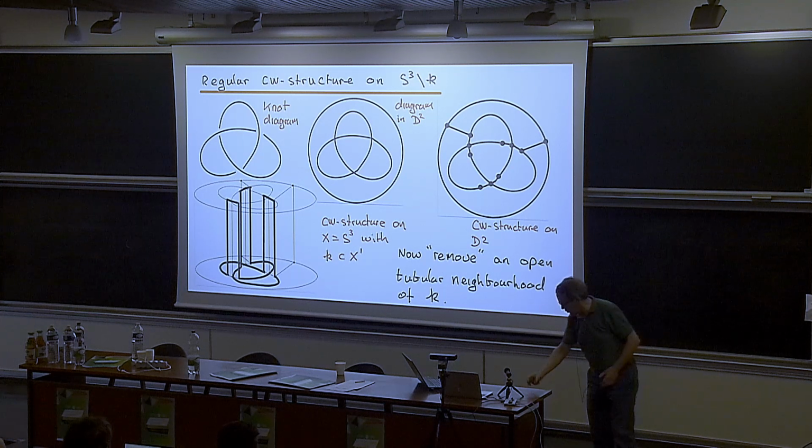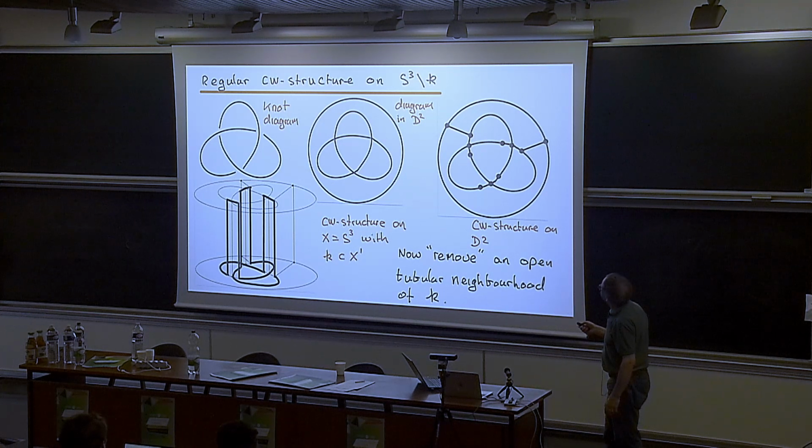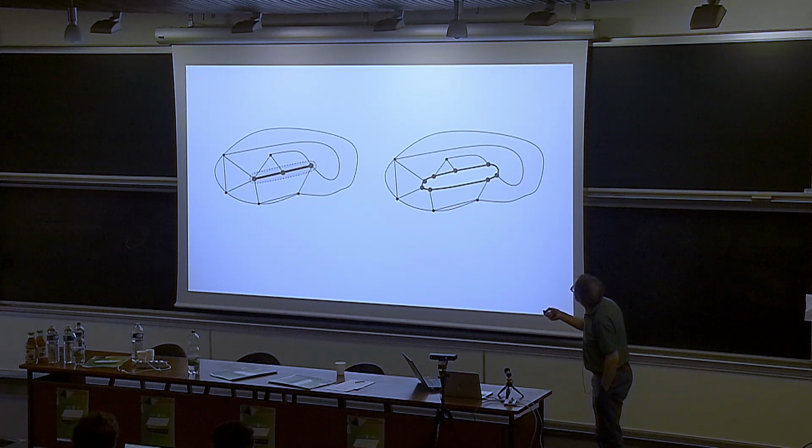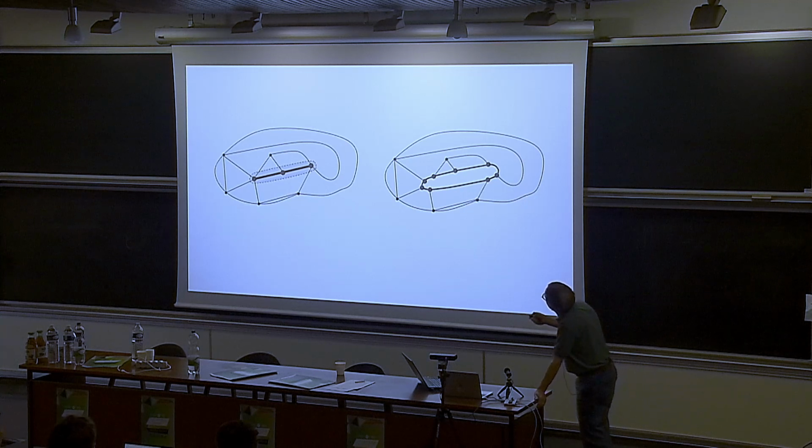So the algorithm, it's a bit more fiddly than this picture suggests, but I think the picture gets over the essence of the algorithm. It's as simple as this. So here, forget the dotted region for the moment. I've shown a CW decomposition of some planar region.